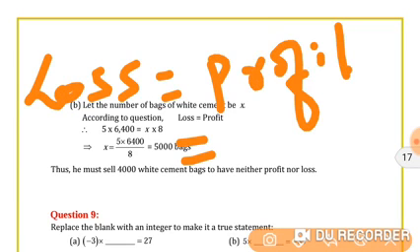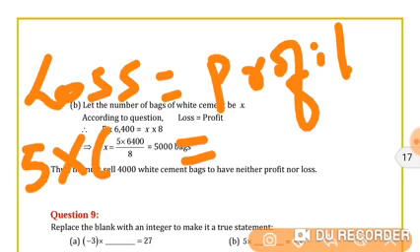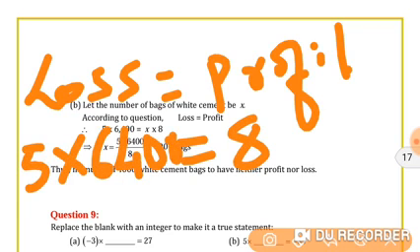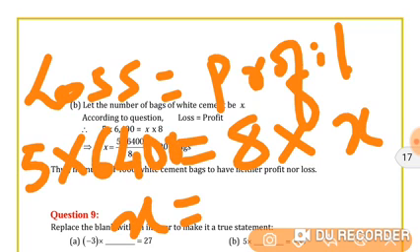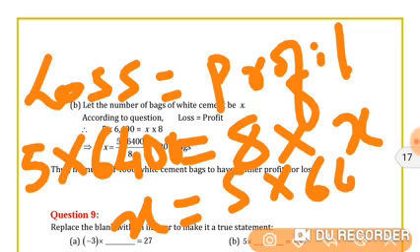That means the loss on 6,400 grey bags is equal to the 8 rupees profit on a white bag, taking it as x. If you simplify, x is equal to 5 into 6,400 divided by 8.